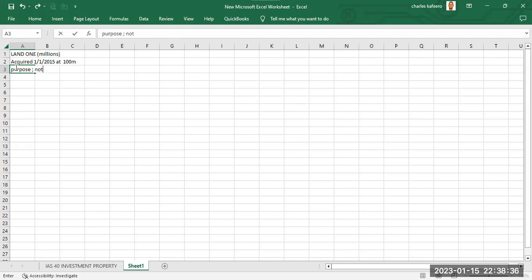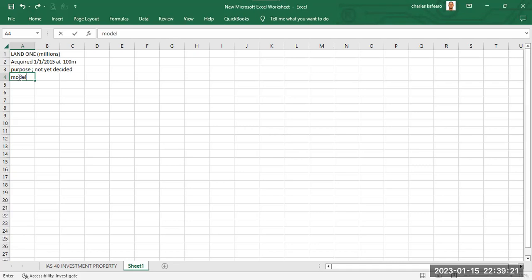The purpose was not yet decided, and we agreed that this is going to be accounted for under IAS 40, investment property. Then we try to look at the model.